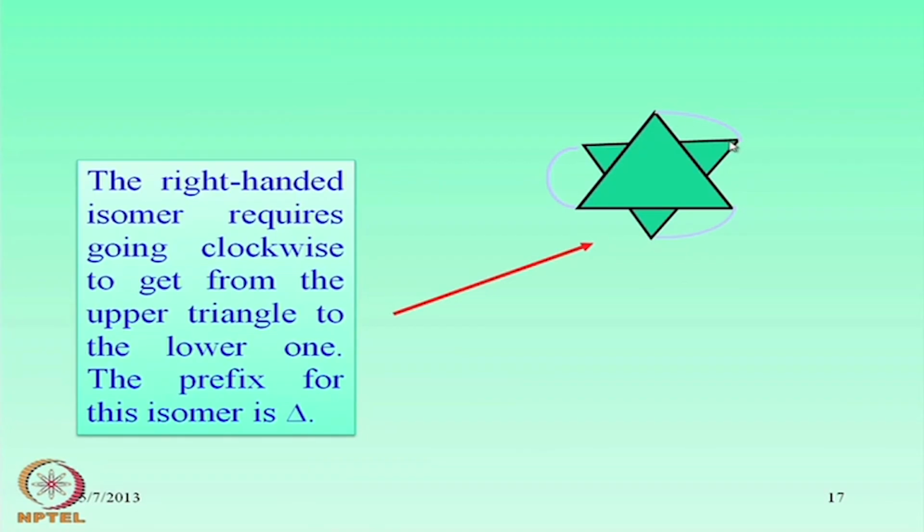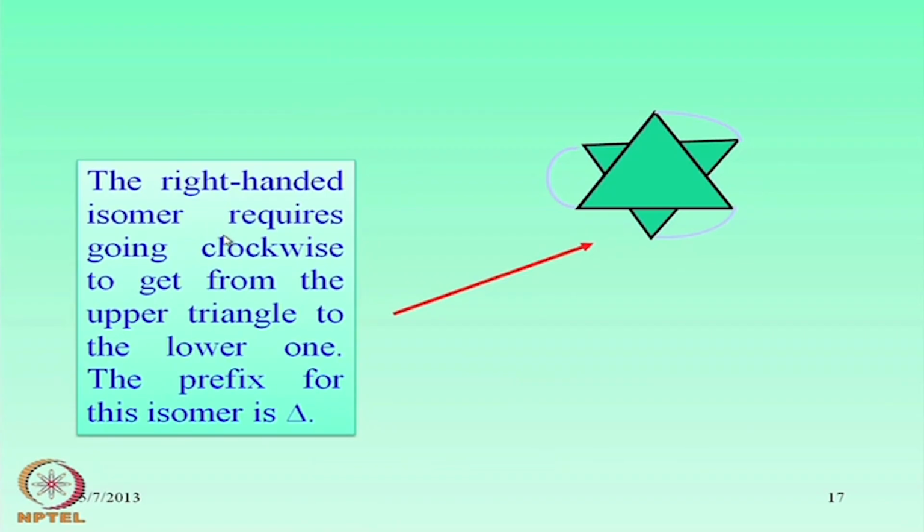Obviously these two positions are fixed for binding to this particular ethylene diamine molecule, and for doing so we have to move in a clockwise movement. Here to here we can go only through a clockwise direction. Similarly, for the second point of the upper triangle, we move again from here to here in a clockwise direction, and the third one in the same way, also clockwise.